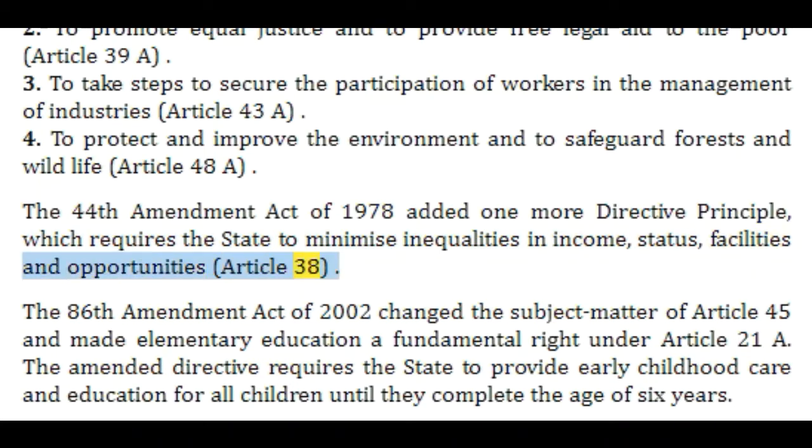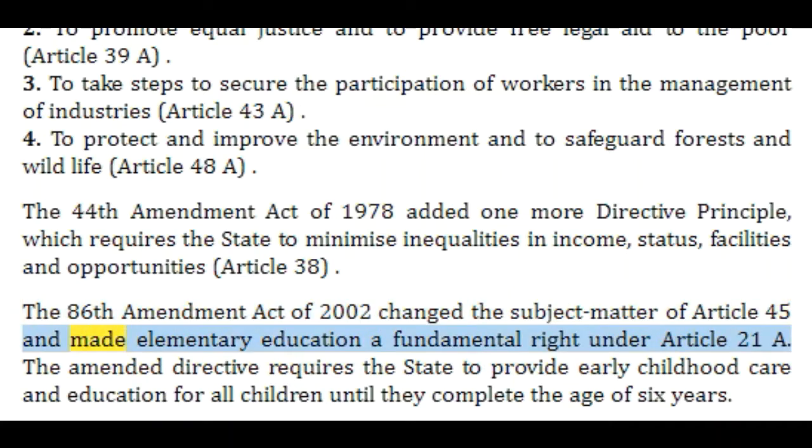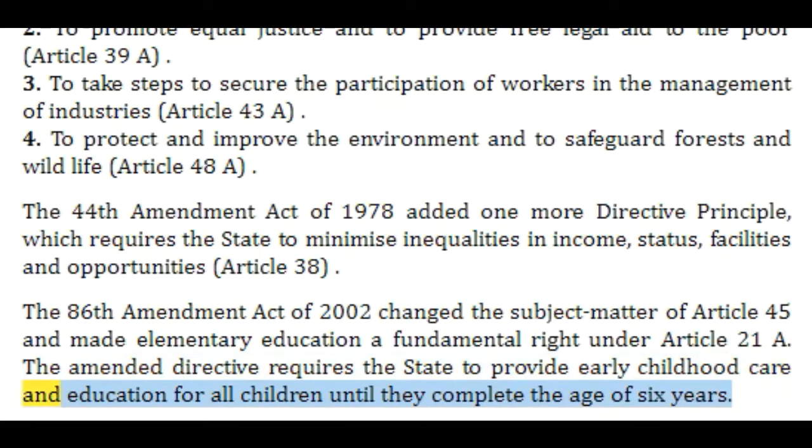Article 38. The 86th Amendment Act of 2002 changed the subject matter of Article 45 and made elementary education a fundamental right under Article 21A. The amended directive requires the state to provide early childhood care and education for all children until they complete the age of 6 years.